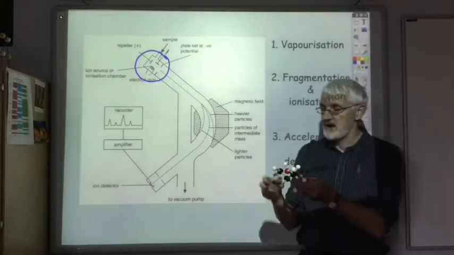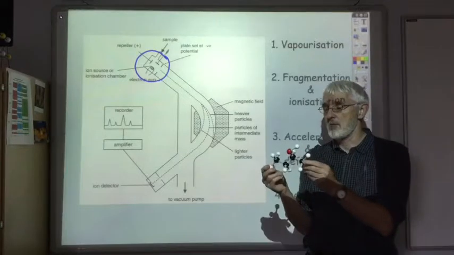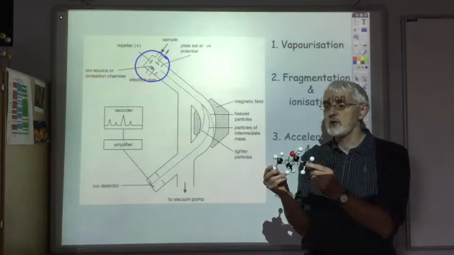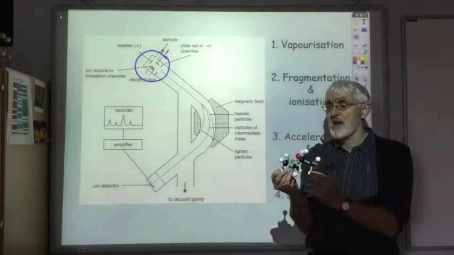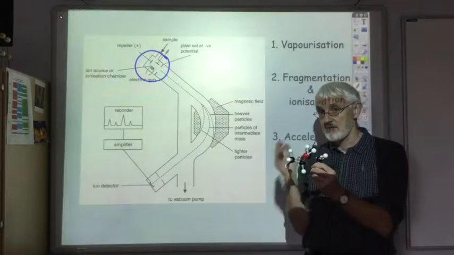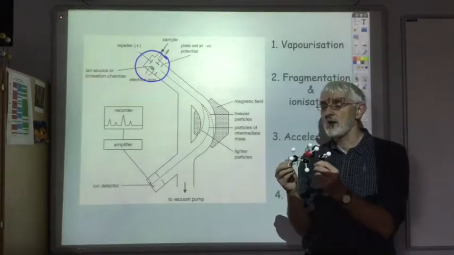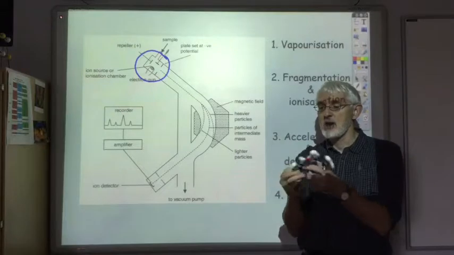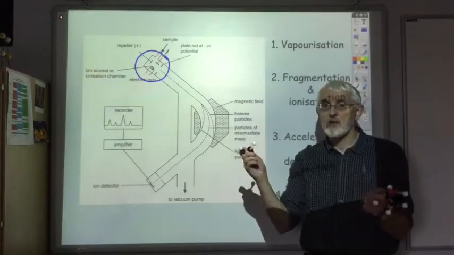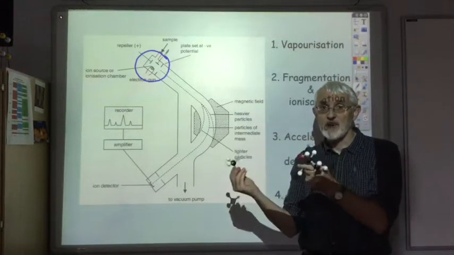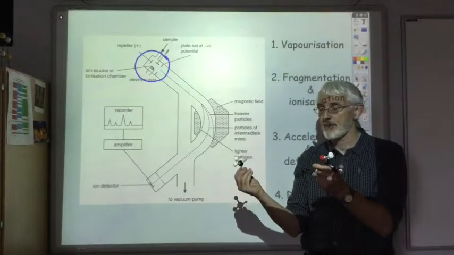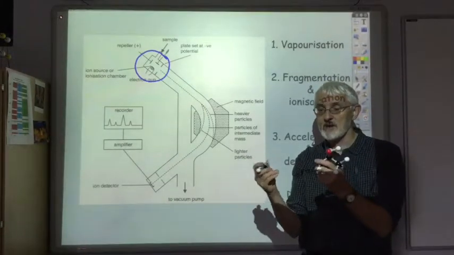For example, here's a model of butanol. Okay, so the electron gun firing high energy electrons might break that covalent bond, and you produce fragments of your molecule. Okay, so that's what we mean by fragmentation.